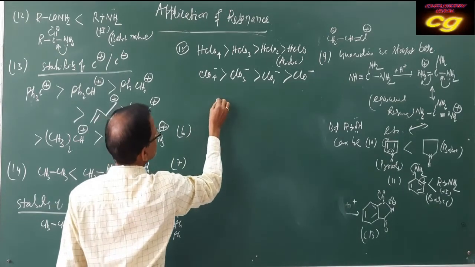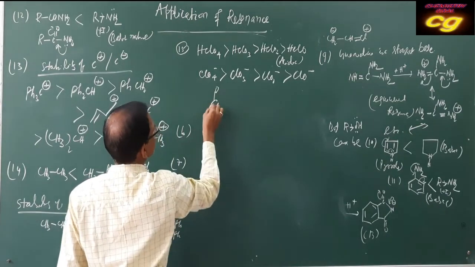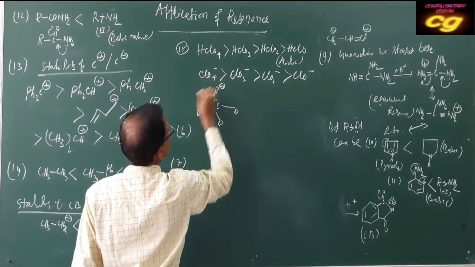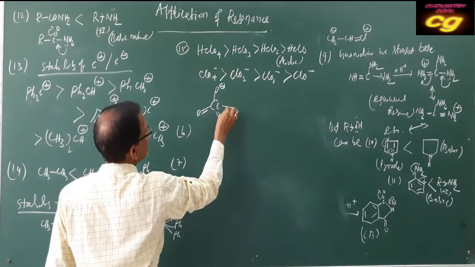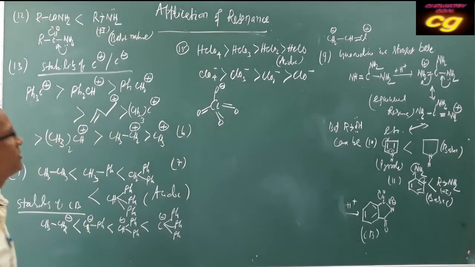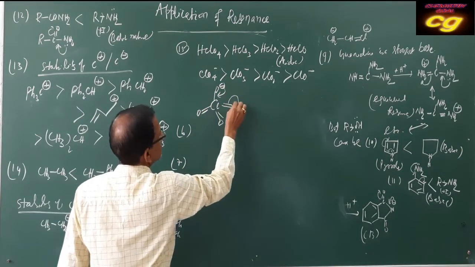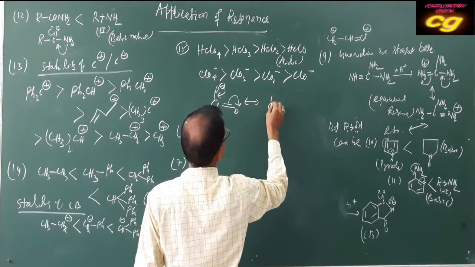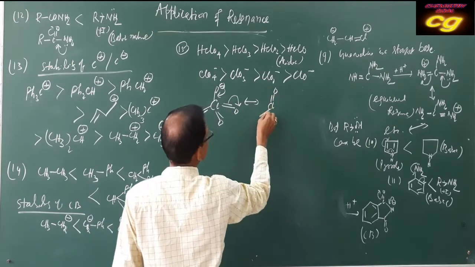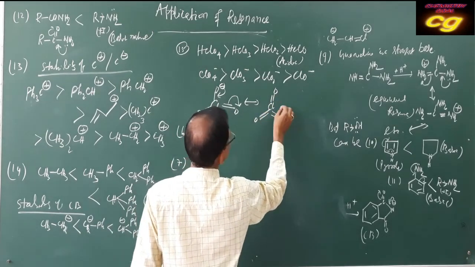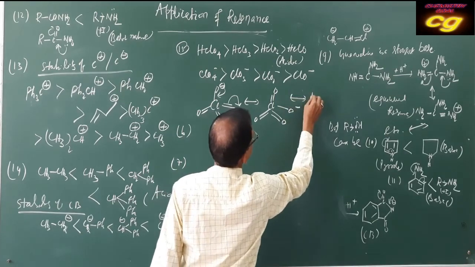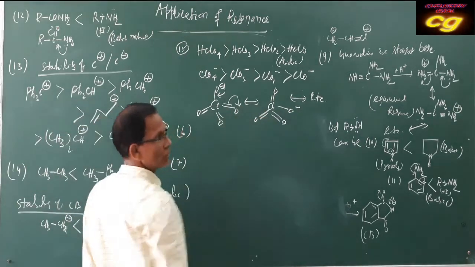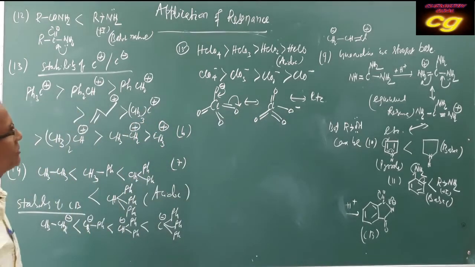If you see this structure, Cl with 4 oxygens, 1 oxygen carrying minus charge and the others carrying double bonds, this ClO4 minus is stabilized by resonance. Like this, another 2 structures are possible. That's why the stability is more.